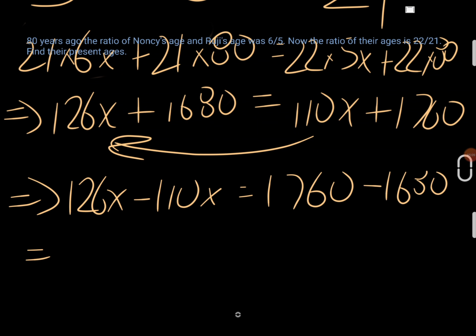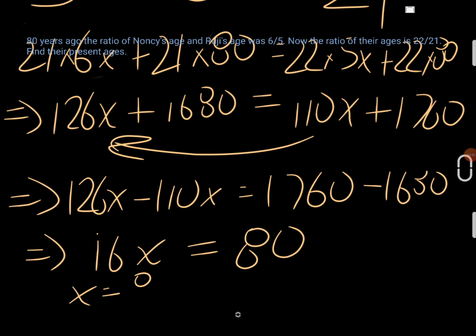This will be 16x is equal to 80. And now you have x is equal to 80 divided by 16. What is 80 divided by 16? It is 5. So you got the value of x as 5.